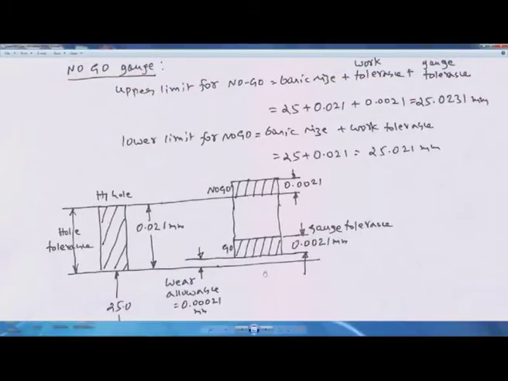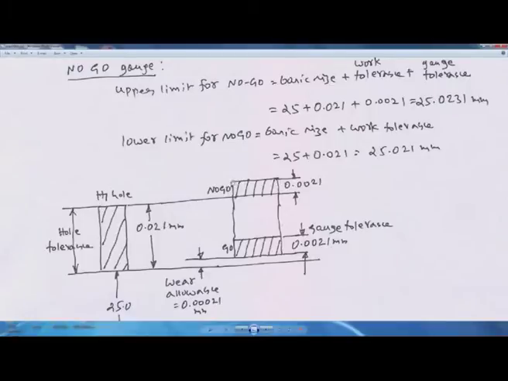Now, coming to the no go gauge, so we have the no go gauge here with the gauge tolerance of 0.0021 millimeter. So, this level will give us the upper limit for the no go gauge.